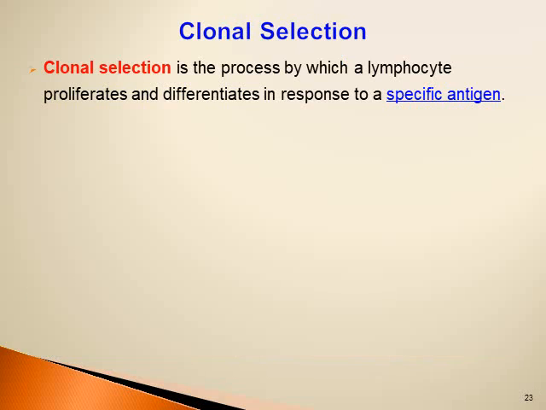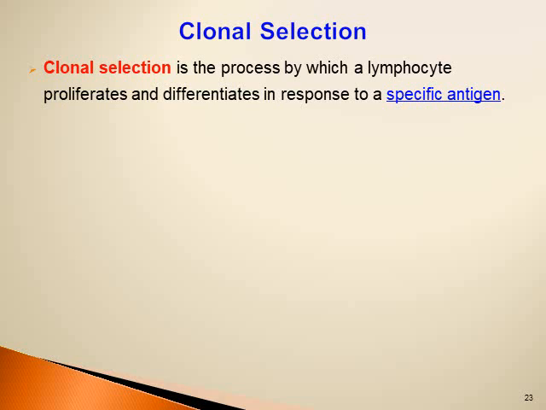There is something called clonal selection. Clonal selection is the process by which a lymphocyte proliferates and differentiates in response to a specific antigen. So the lymphocytes that proliferate in response to a specific antigen are different from the lymphocytes that proliferate and differentiate to another specific antigen.